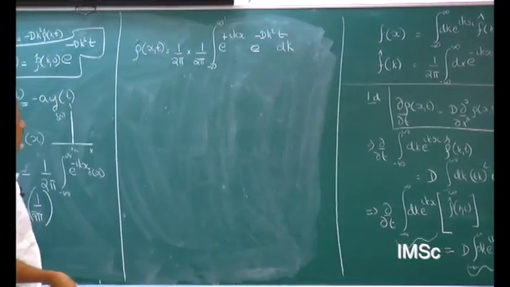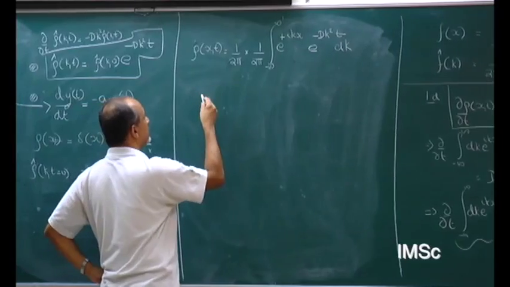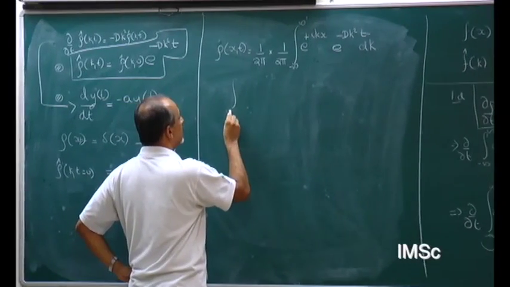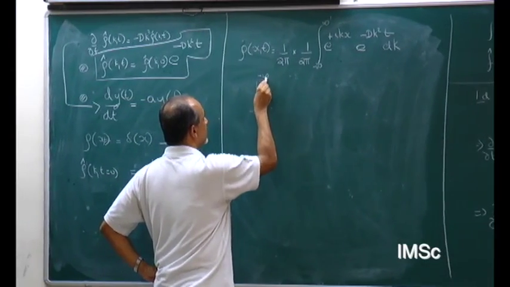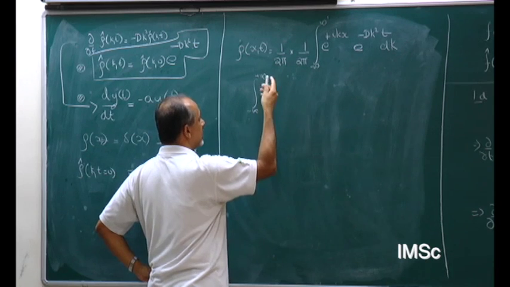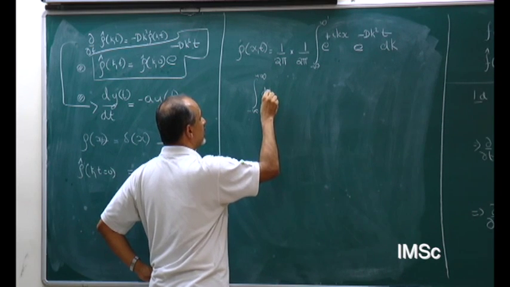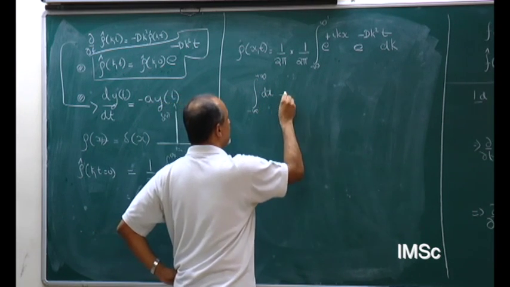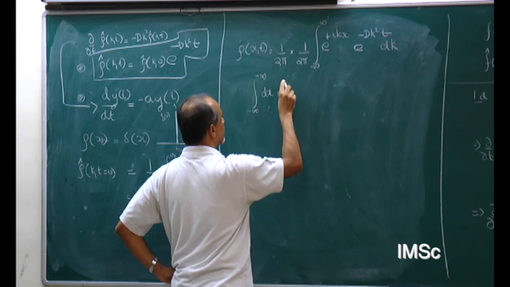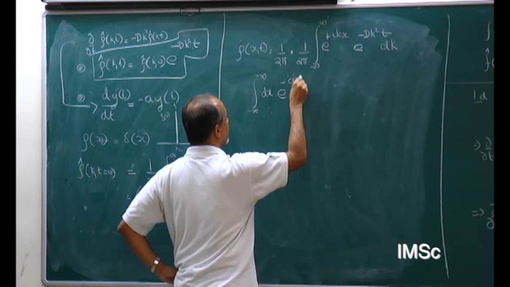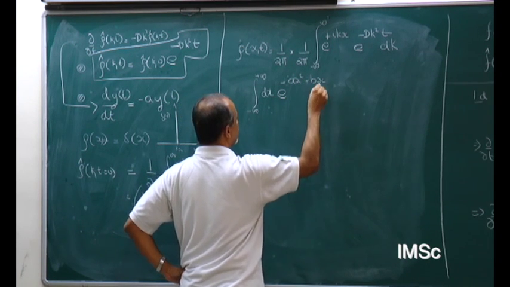Okay? So let me just give you one example, which is the integral from minus infinity to infinity dx of e to the power minus a x squared plus bx.